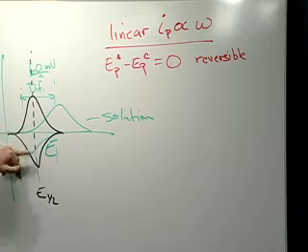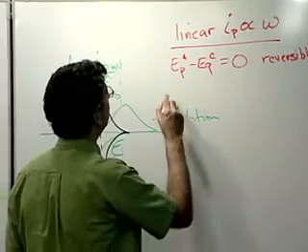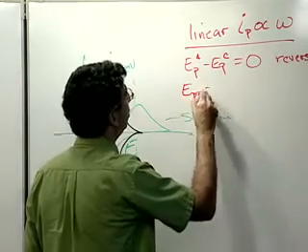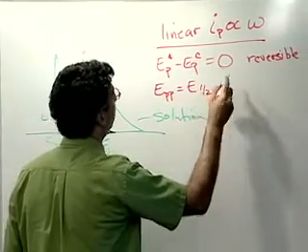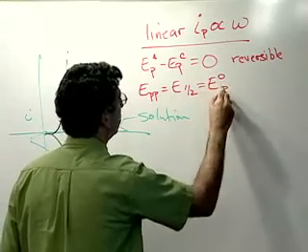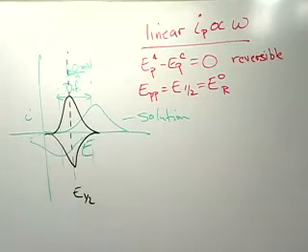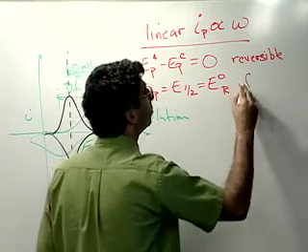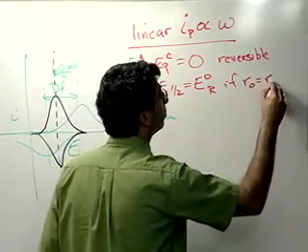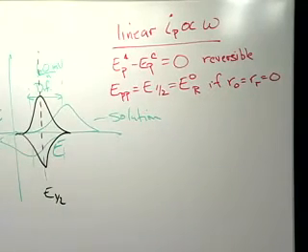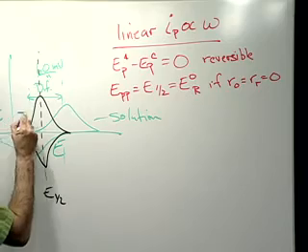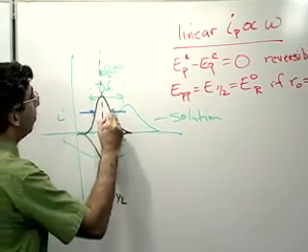So we have 0 peak-to-peak separation. And now we have a situation where the peak is equal to the half-wave potential, and that is equal to the standard redox potential in the case where we can ignore these nearest neighbor terms. There's another parameter to think about here, and that is the full width at half max of that peak.